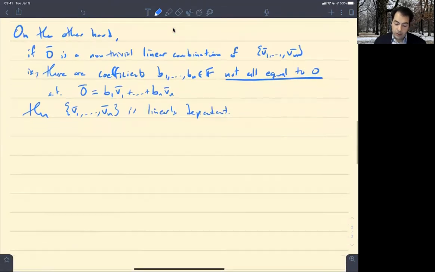Right? So how do we know? Well, the claim is that one of these is redundant. One of them can be written as a linear combination of the others. But if you have a non-trivial linear combination that gives you 0, it being non-trivial tells you that at least one of the coefficients is not 0. So let's say bi is not equal to 0.